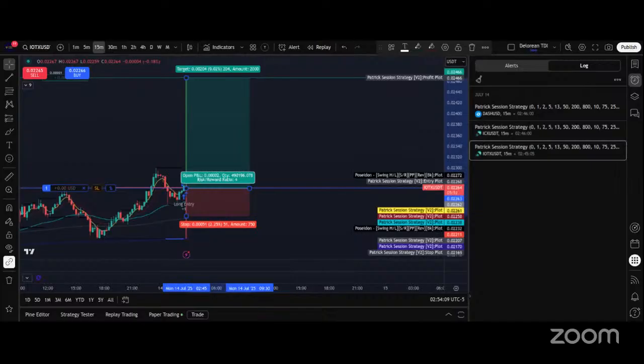And this is going to be IOTX USDT, IOTX versus Tether. Market execution buy on a 15-minute confirmation. Risk reward ratio is going to be a perfect 4.00. Take profit is going to be 0.02466.